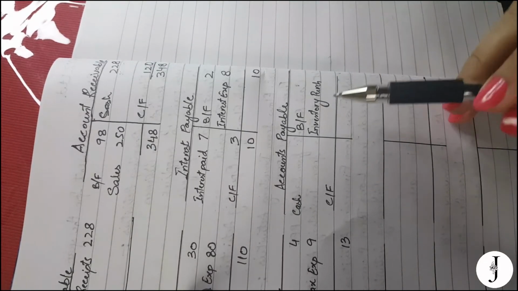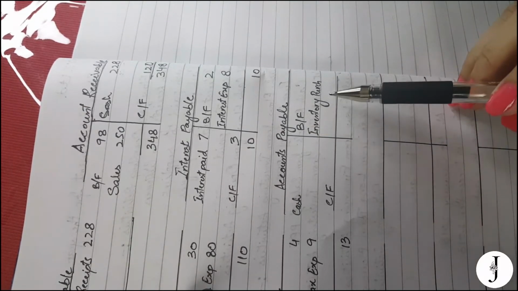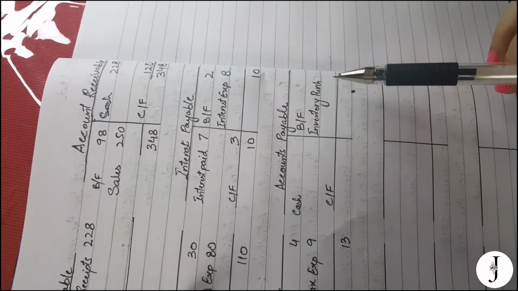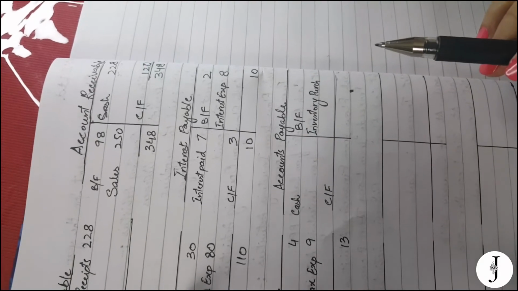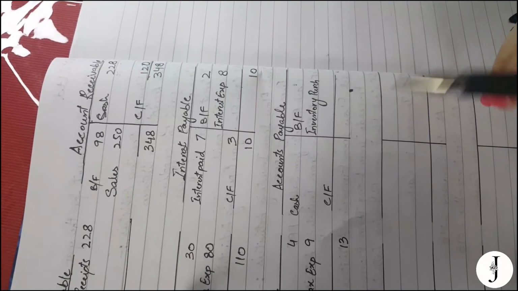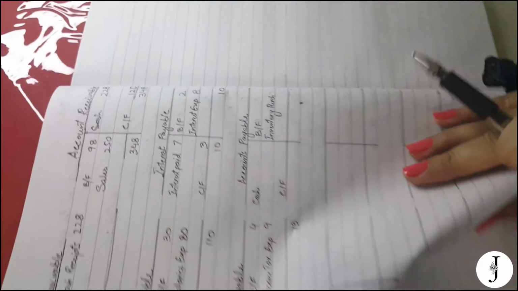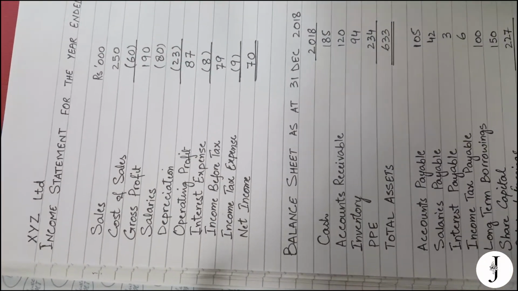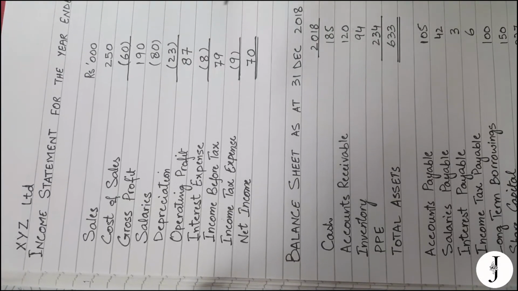The next item of accounts payable is inventory purchase. So inventory purchase is something that we cannot find directly from income statement or balance sheet. Inventory purchase, as we see, we cannot find from any of this information given.